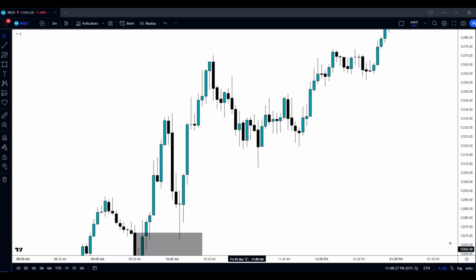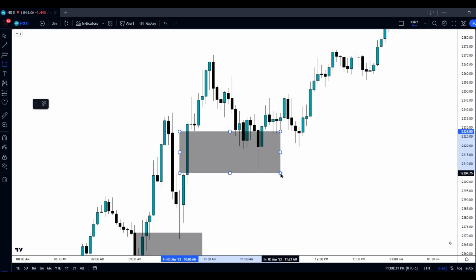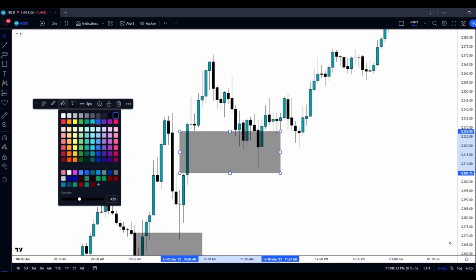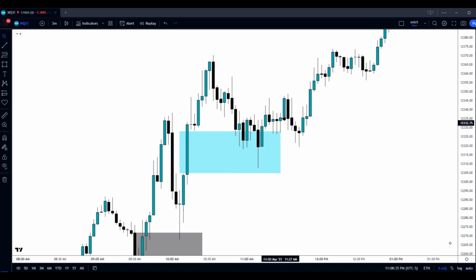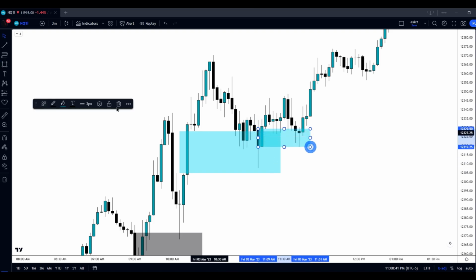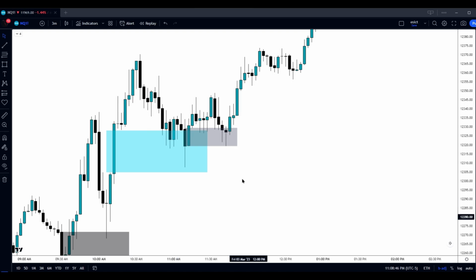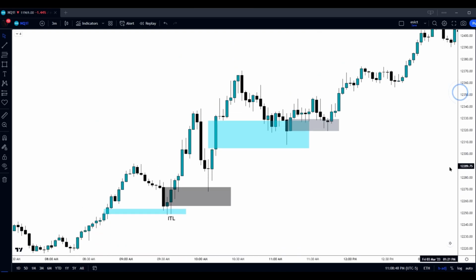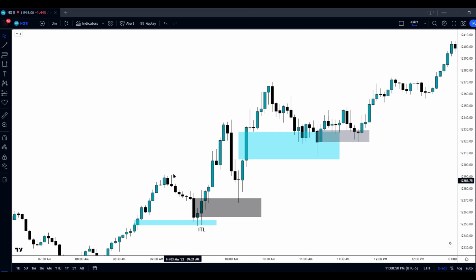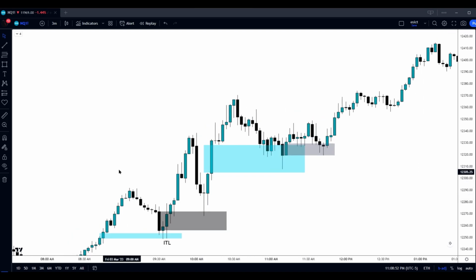And then here's another example. Fair value gap, make that blue, and then price comes back down, it's testing the order block.